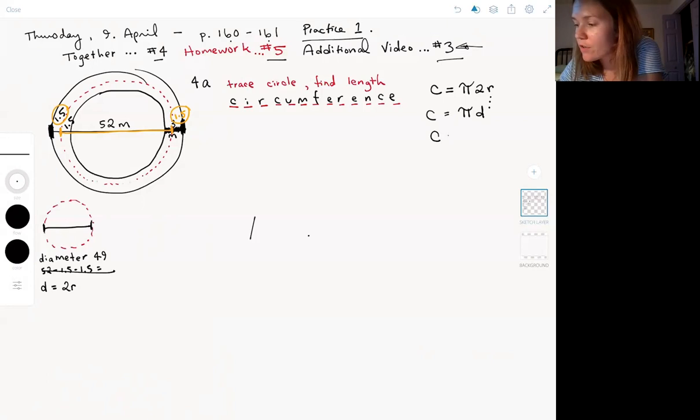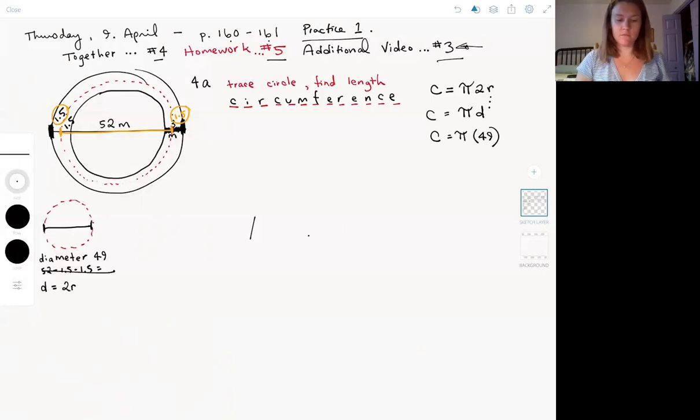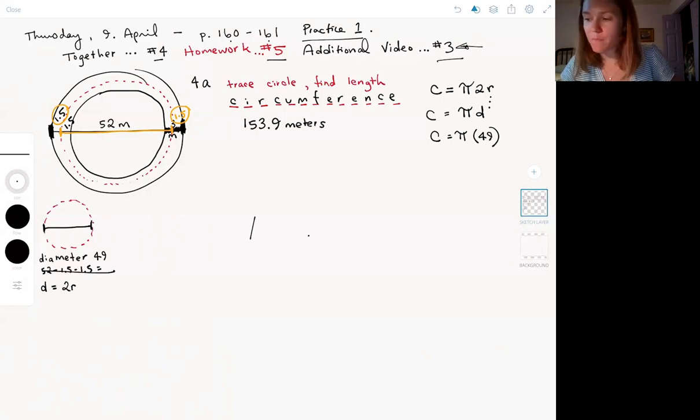So to find our circumference, we're going to multiply pi times 49, and that's going to give us an answer of 153.9 meters, okay, for 4A. So remember, try to draw pictures wherever possible to solve these. Let's look at part B now.